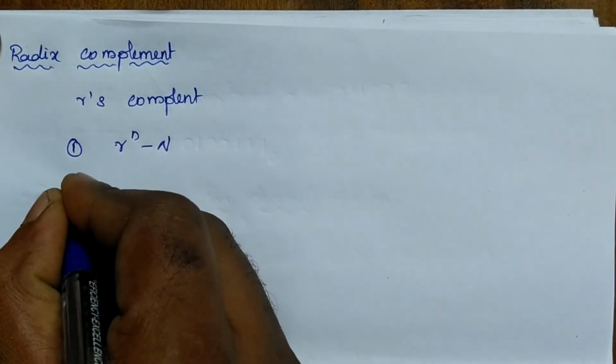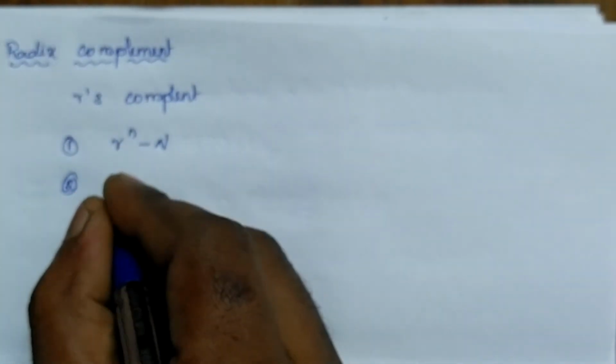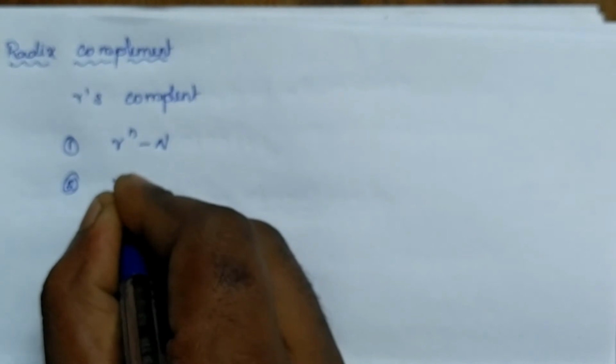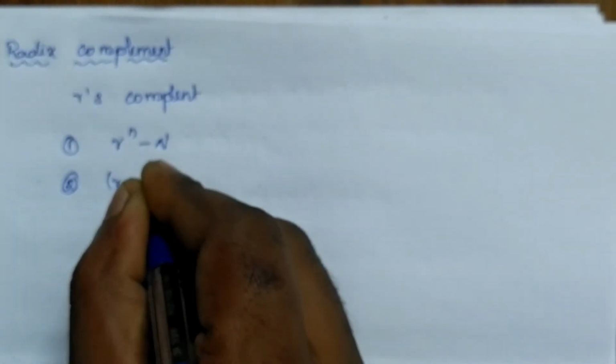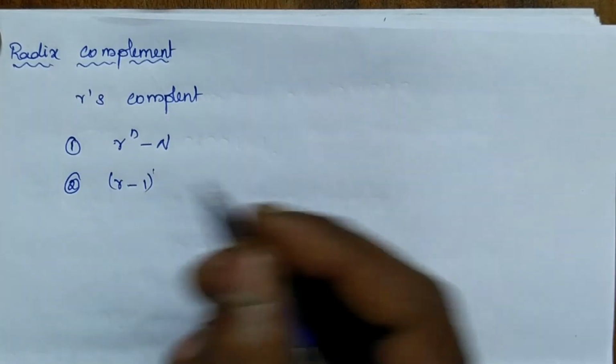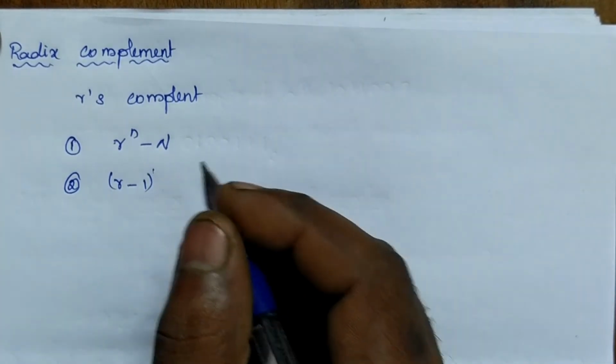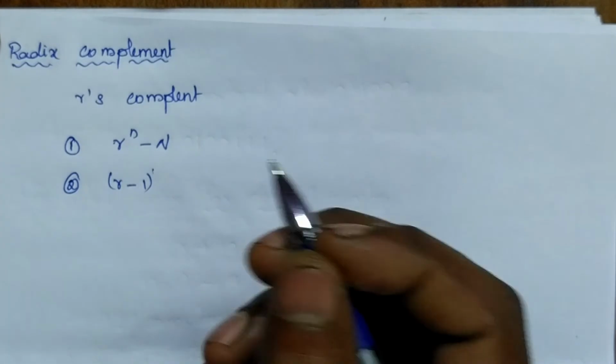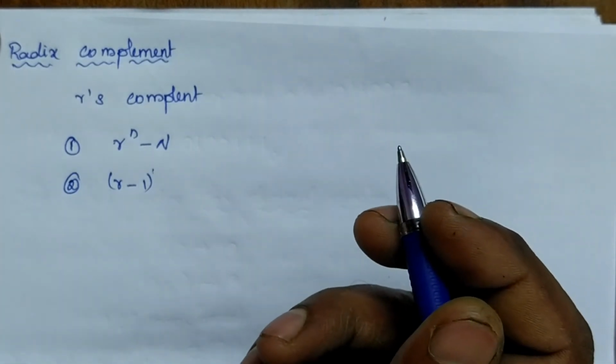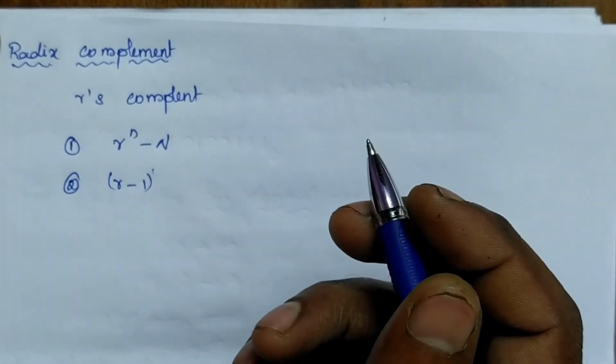Otherwise, in the second way, we can find the r minus 1's complement. That means we can go for the diminished radix first. After that, if we add 1 to that particular value, we will get the r's complement.